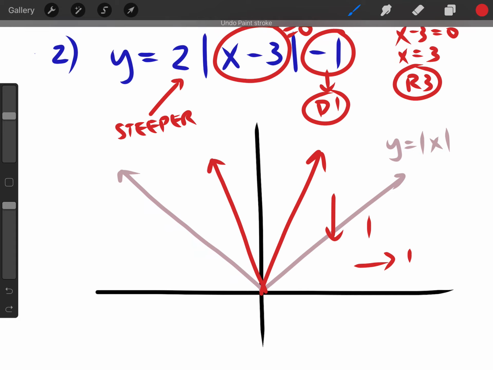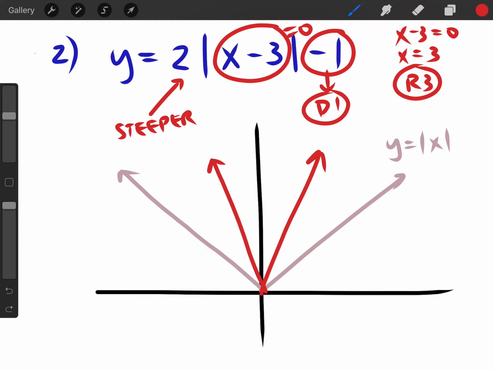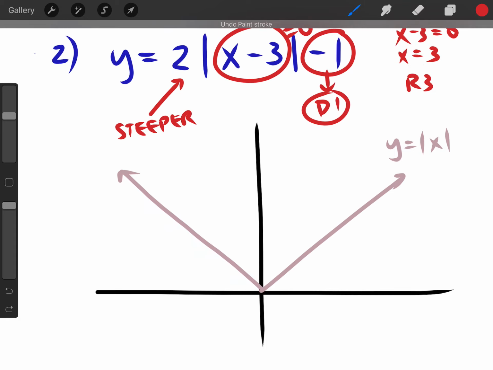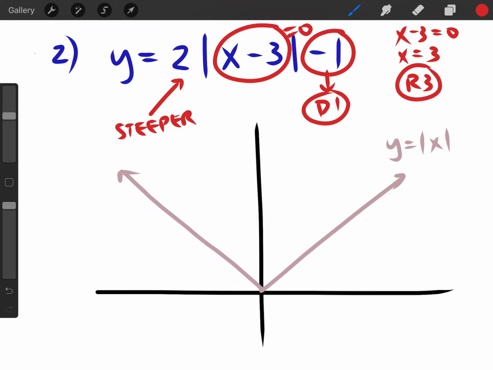So I'm going to erase all these. Oops, erased a little too much. Now I'm going to go down by 1 unit, right by 3 units. This is going to be my vertex, which is the lowest point, and then I'm going to draw my V shape. Looks like a parabola.